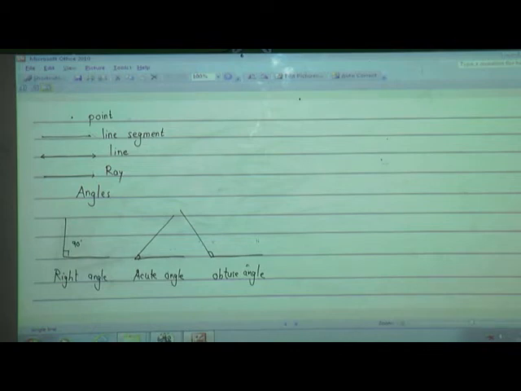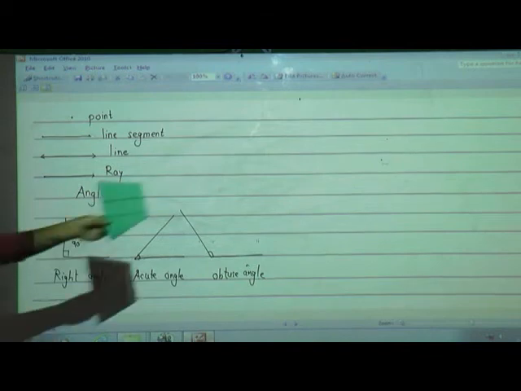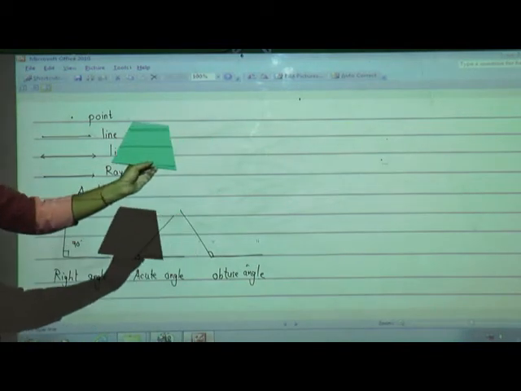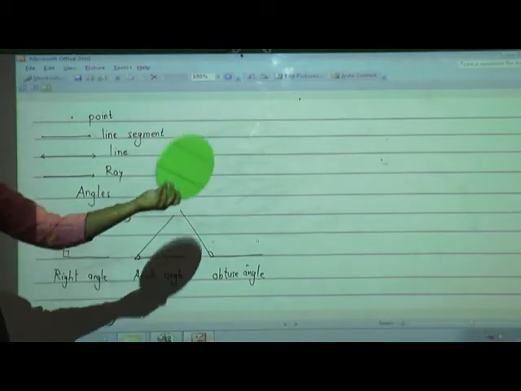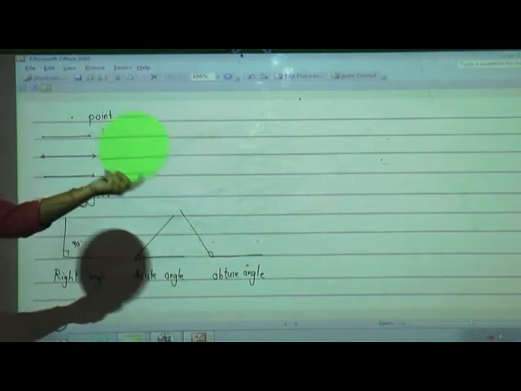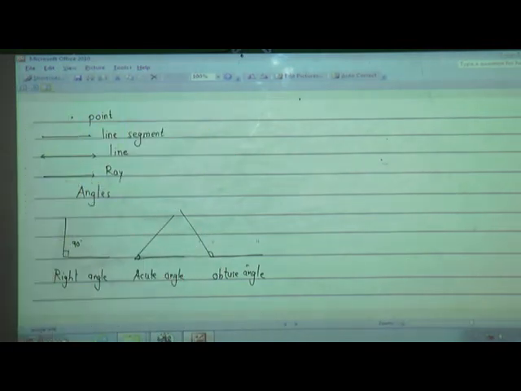And what did we study next? Closed figures. Yes, the figures closed from all the sides are known as closed figures. Can you see this? This is a closed figure. Even a circle is also a closed figure. And the figures closed by straight line segments, with 3 or more than 3 line segments, are called polygons.